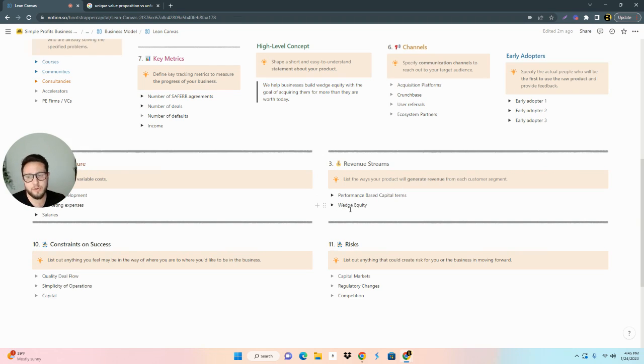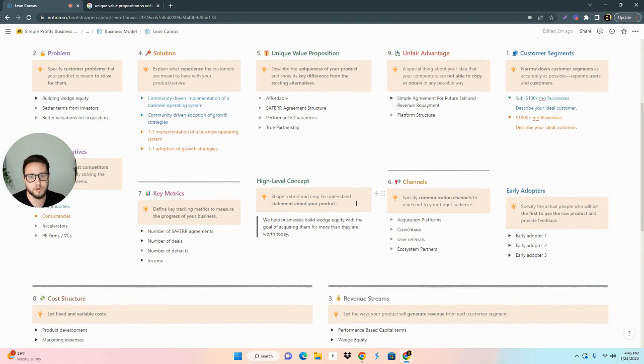And then the second way we make money is through the wedge equity, right? So in our simple agreement for future exit and revenue repayment, one part is the revenue repayment. The other part is the agreement for future exit. And if we're building equity in these companies, we also have the option to acquire these companies through our SAFER agreement.